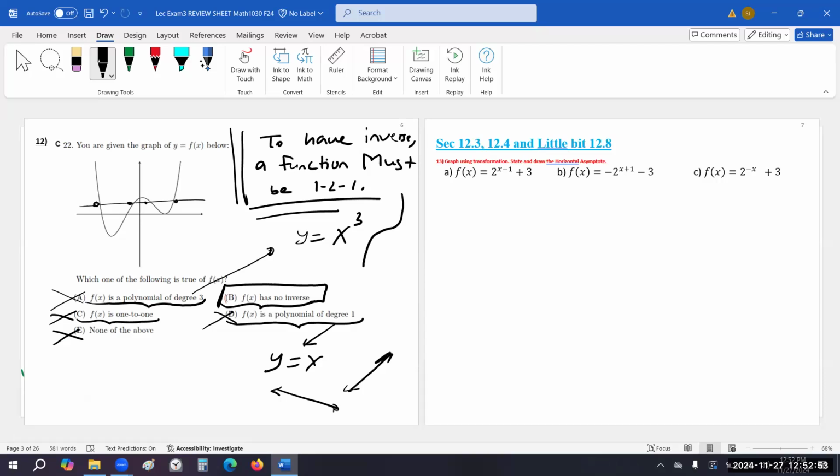Transformation of exponential. One from here. I prefer something like B because it has everything. Y equals -2 to the x plus 1 minus 3. And you must indicate and write down your asymptote. So remember, exponential has what type of asymptote?